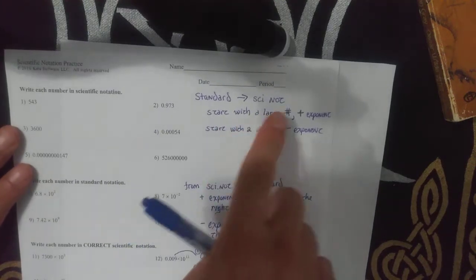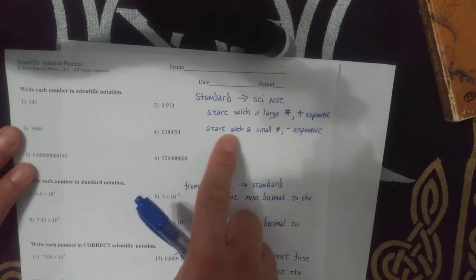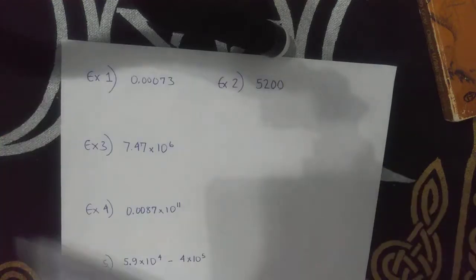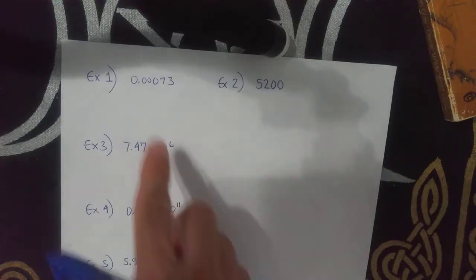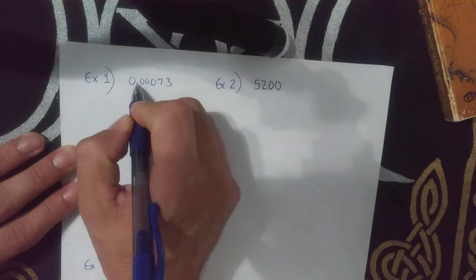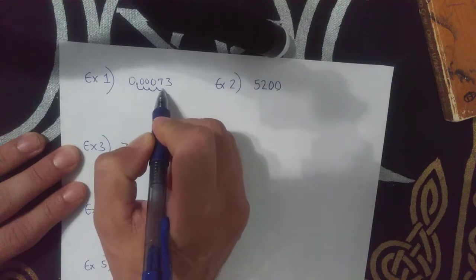So if we start with a large number, we're going to use positive exponents. If you're going to start with a small number, you're going to use negative exponents. So on number one, I'm doing a small number. So what I'm going to do is I start at the decimal and I bring it over 1, 2, 3, 4 places, right?